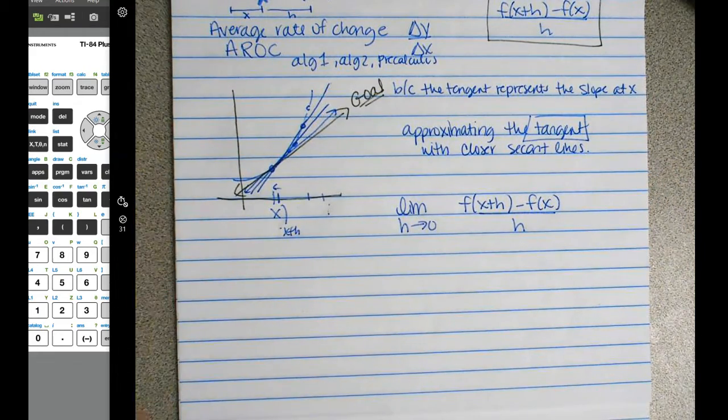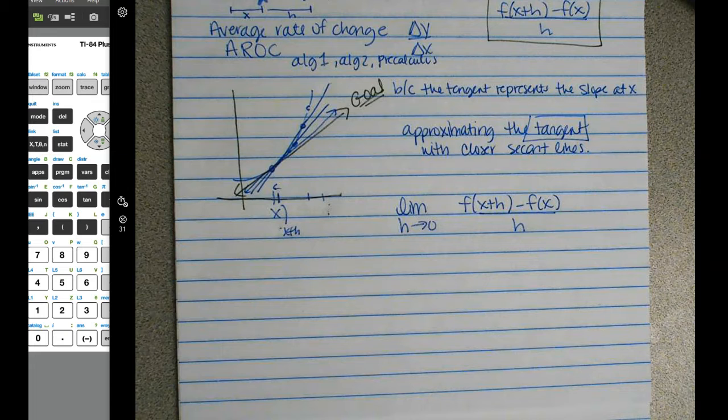And so 2 things I want you to get out of that is, number 1, you've seen the limit before. Okay, 3 things. Second thing, we can't let h be 0, right? That's like a fundamental math problem. You can't have 0 in the denominator of your fraction. So that's a problem we have to get around.